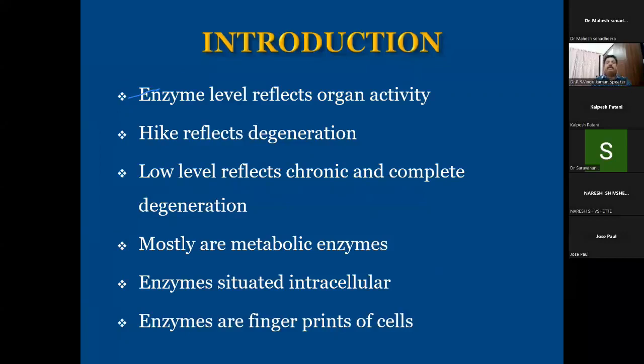And so we say that there is an acute inflammatory reaction of the hepatic tissue. So somehow there is a chronic hepatic reaction, and all these enzymes have become very low. What does it mean? There is not much hepatic parenchymatous tissue to produce this much amount of enzymes. That is why low level reflects chronic and complete degeneration.